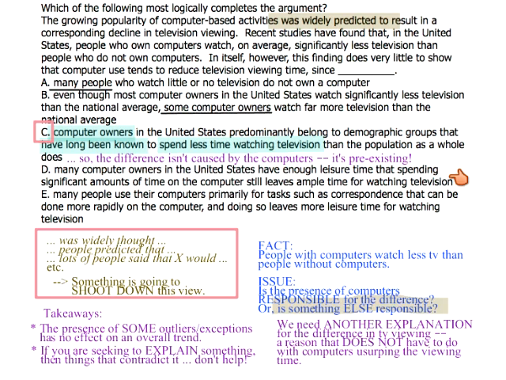D gives us, oh, well, they could if they wanted to, but that doesn't help explain why they don't. And then E is basically the same as D. It says they have time to watch TV, but so what? It doesn't explain why they don't. So D and E, well, they have the time.